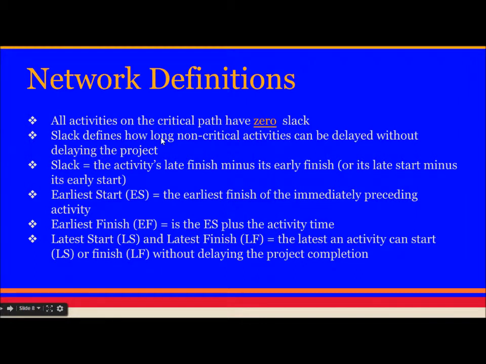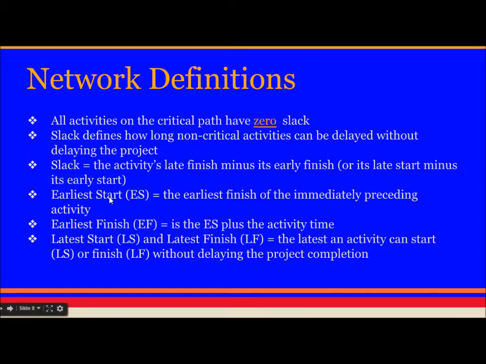Slack defines how long non-critical activities can be delayed without delaying the project. Slack is the activity's late finish minus its early finish, or its late start minus early start. It must be zero for the critical path. For other paths it can be anything else.